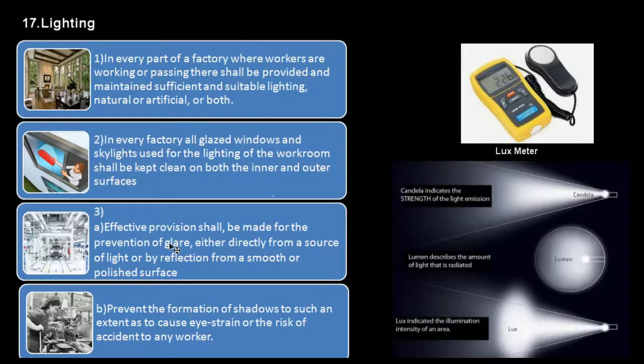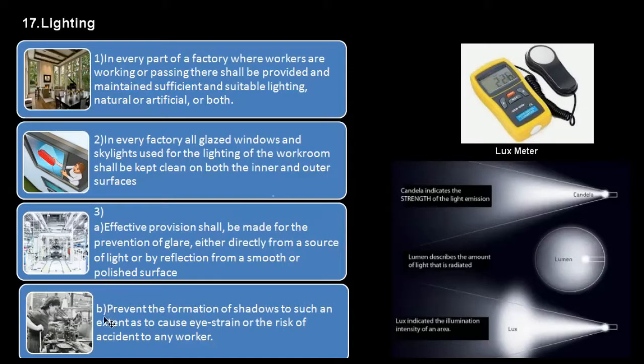This makes the condition highly uncomfortable for our eyes to work. So the light should be placed in such a manner that glare is avoided, and even the reflection from any source of light which is causing glare should be eliminated.